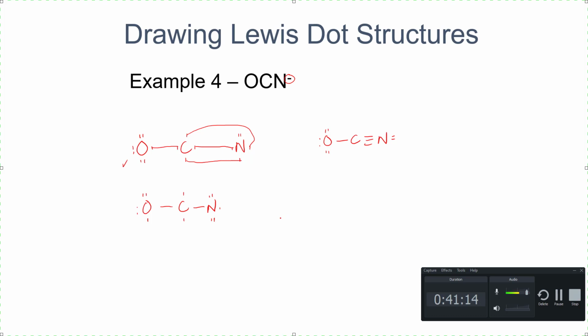Okay, now let's go ahead and share things. How about I share this pair of electrons between the carbon and oxygen, and let me share this carbon-nitrogen unpaired electron to form my octets.